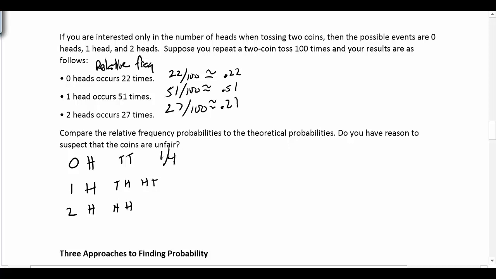So I would expect 1/4 or 0.25 to be 0 heads, 2/4 or 0.5 to be 1 head, and 1/4 or 0.25 to be 2 heads. Now, when I compare those numbers, they're pretty close. So do I suspect that there's any sort of cheating or anything unfair going on? Not really. Looks like everything's on the up and up as far as this is concerned.